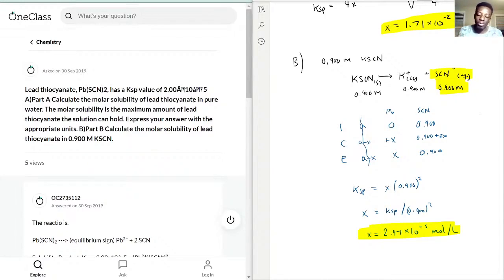When you have a starting amount that is more than 1,000 times bigger than your K value, in this case it's 2 to the negative 5, and this is really just 9 to the negative 1, that's already 1,000 times bigger. You can just kind of ignore it and say that the change here that we saw is negligible. Hence why we could go ahead and do this step here. Okay, so that would be the answer to that question here.